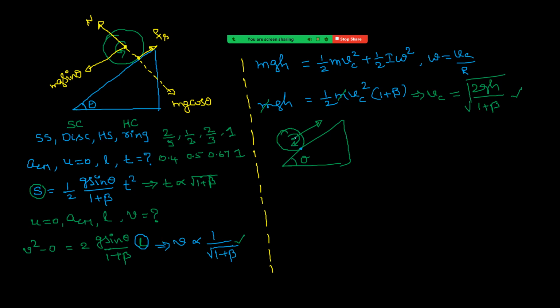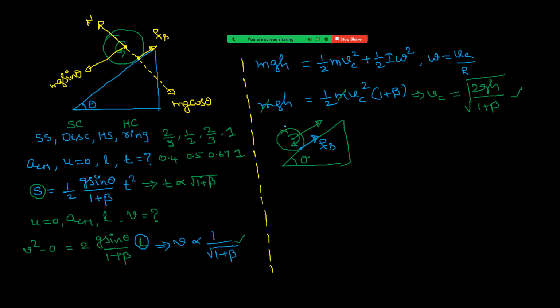Torque must be anti-clockwise because omega is clockwise, and anti-clockwise torque means friction must be up the incline. Then only friction provides anti-clockwise torque.